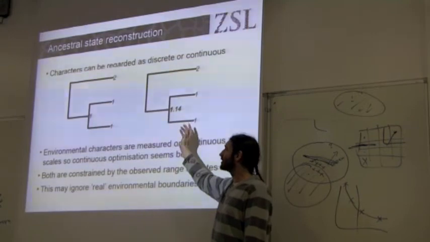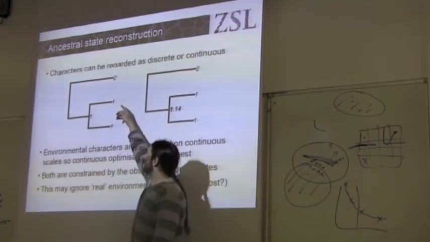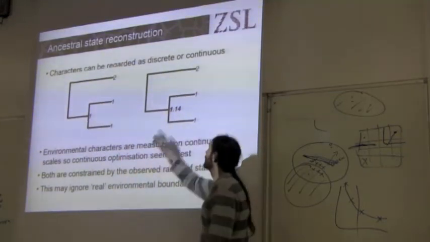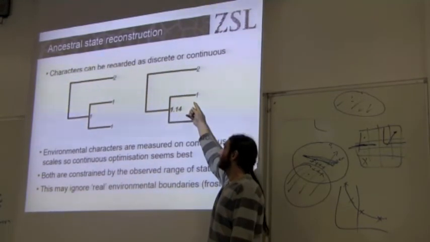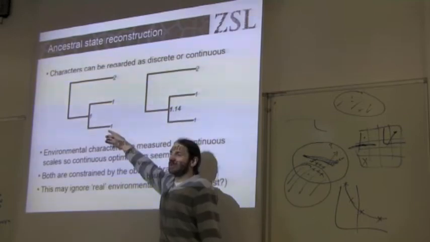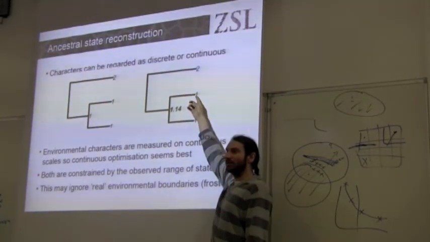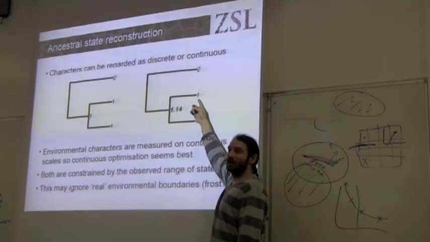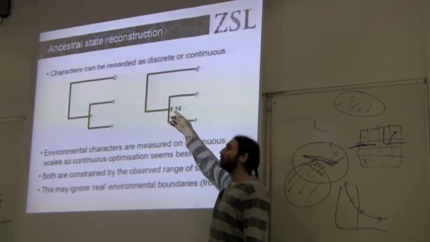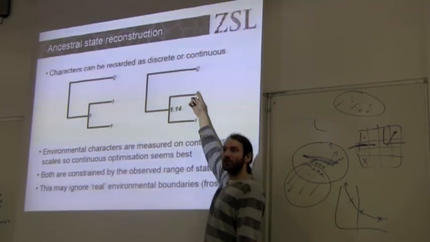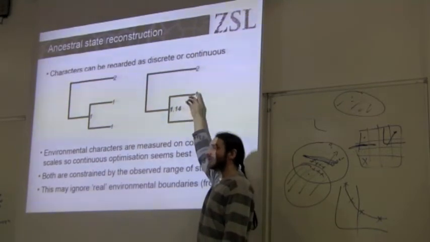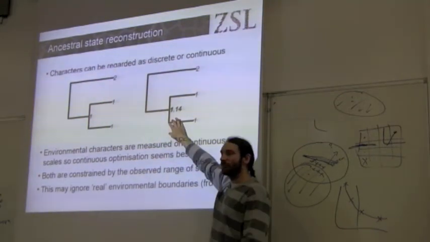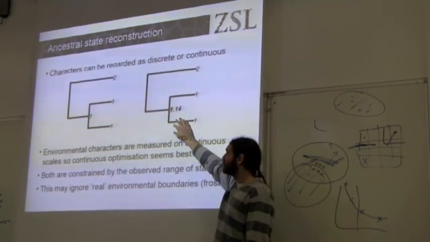So it's not just a simple, it was a 1, it was a 1 there. In this case, if the 1 represents not the presence of an arm, but the average temperature preference, then our reconstruction shouldn't be always a 1 or a 2, but needs to be on a sliding scale. Okay? So this is a slightly different version of ancestral state reconstruction.